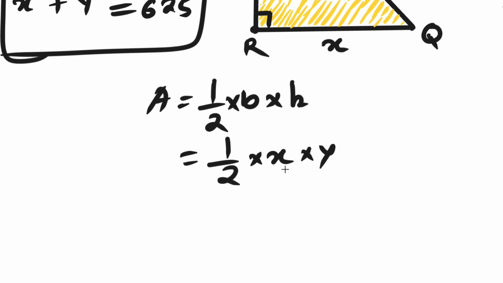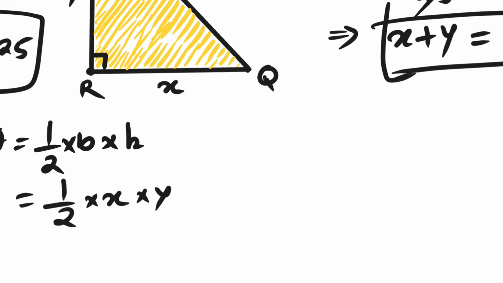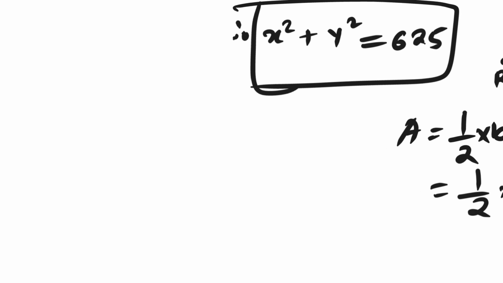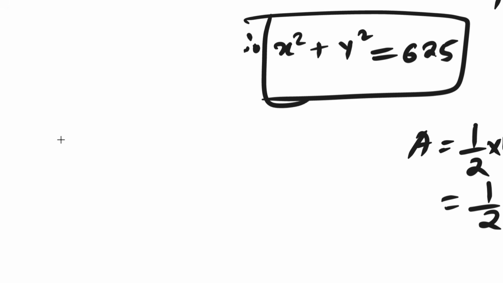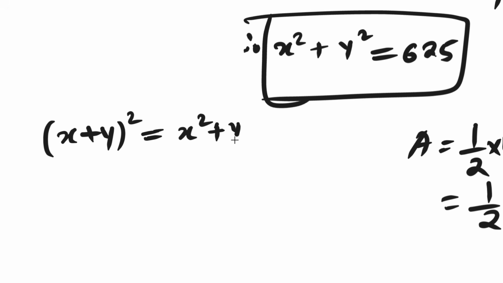This is where a very useful algebraic identity comes into play. There is a standard identity that says the quantity x plus y whole squared equals x squared plus y squared plus 2 multiplied by xy. Now look at how perfectly our known information fits into it.